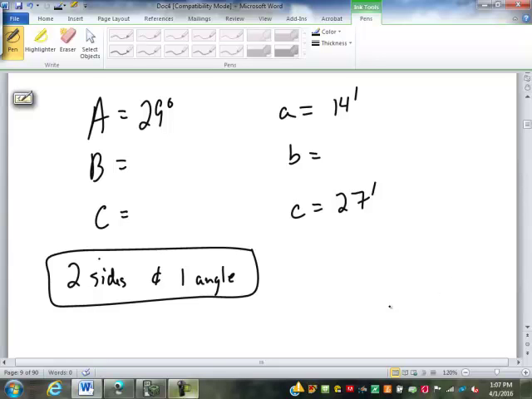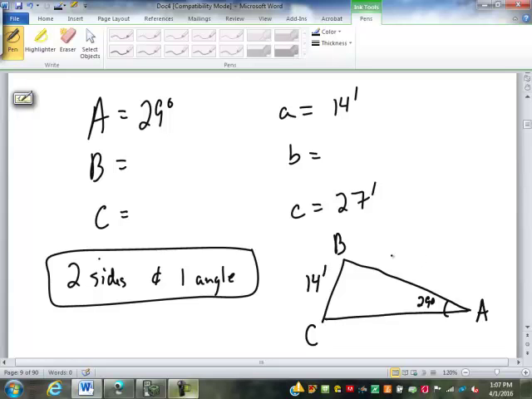Because if I draw this out, my triangle looks like this, A, B, C, where A here is 29 degrees, side A over here is 14 feet, and side C here is 27 feet. Is that the only triangle that could be found using this?